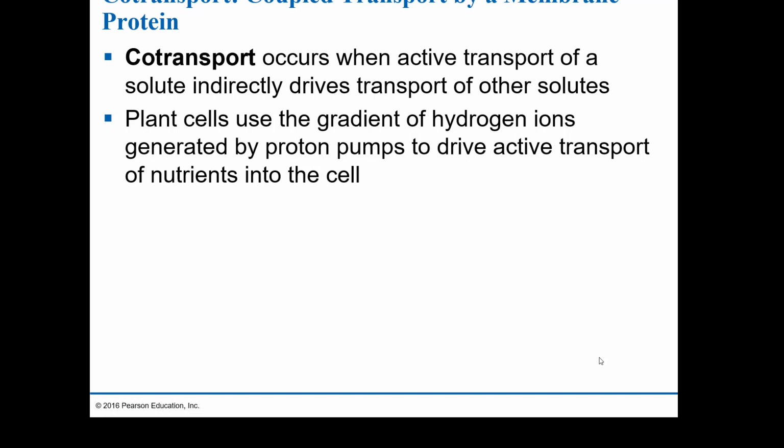Co-transport occurs when active transport of a solute indirectly drives transport of other solutes. So plant cells use the gradient of hydrogen ions generated by that proton pump to drive active transport of nutrients into the cell. So it's a co-transport. It's when active transport indirectly drives the transport of other things.